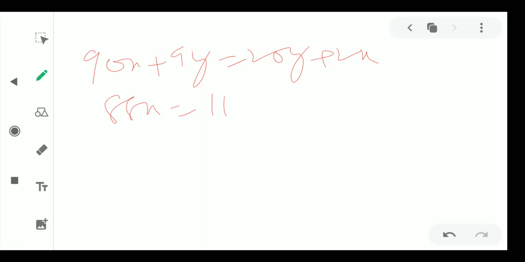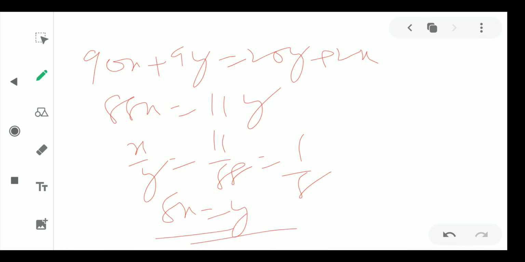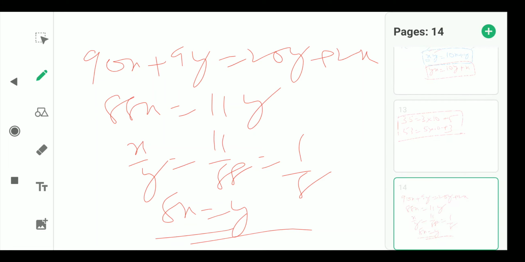It becomes 11y. So x by y will be 11 by 88, so that will be 1 by 8. If I cross multiply, 8x is equal to y. This is one equation. x plus y is equal to 9 is another equation.